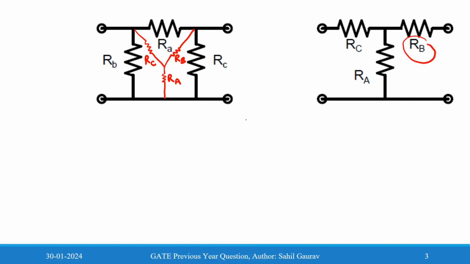How can we write RB from the delta connection? The adjacent elements are RA into RC divided by all the resistances, RA plus RB plus RC.